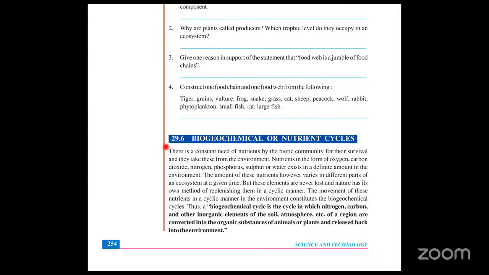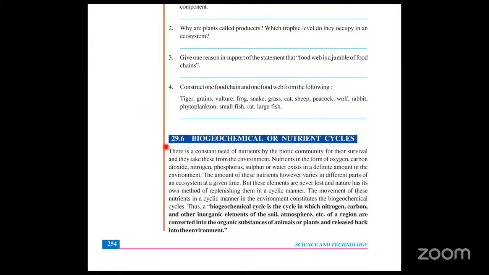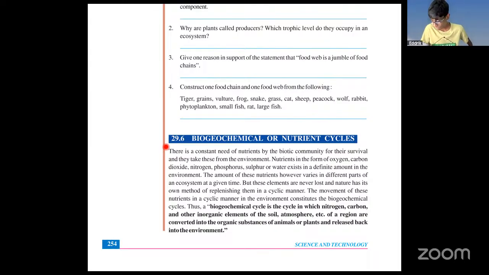Ira? It's found in pulse plants. Okay, you have to do revision, guys. You're not doing revision. Now Edric will tell. Edric, please. What was the question? Rhizobium bacteria.